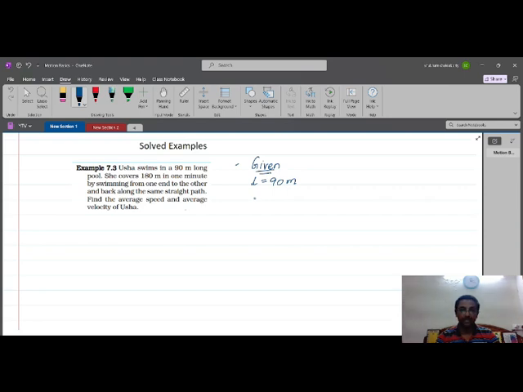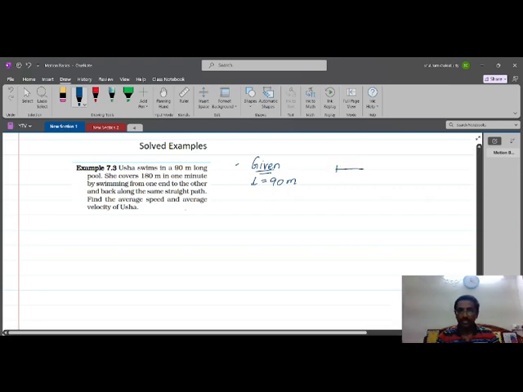Find the average speed. So let us say this depicts the swimming pool, which is 90-meter in length. She starts from here, she goes there and returns back in 1 minute.